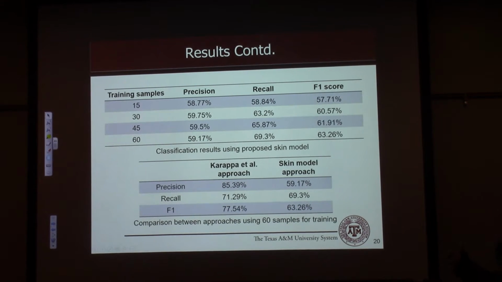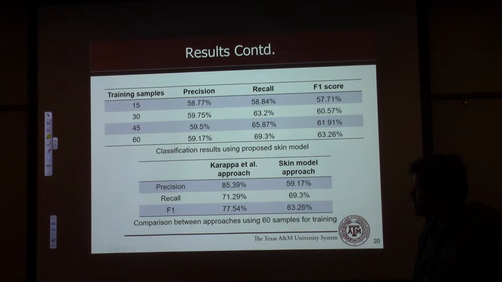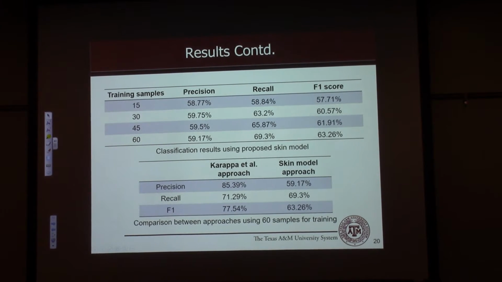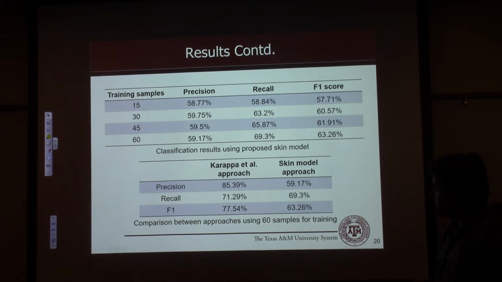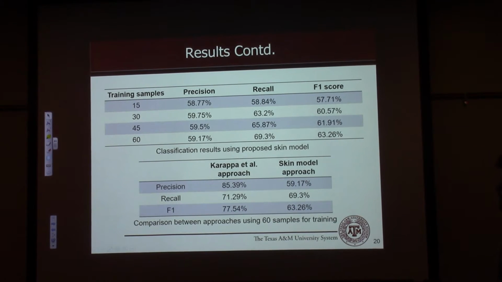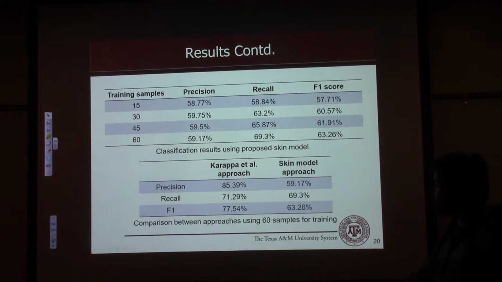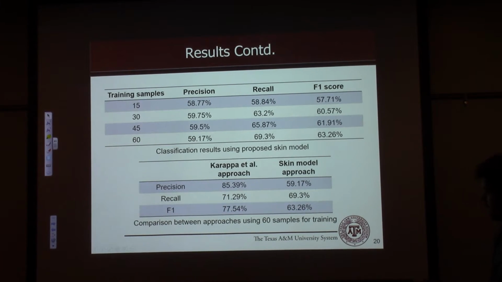So considering the 60 samples training set, when you compare to the original approach, using the background-foreground segmentation based on Gaussian mixture models, we see that the F1 score is much lower on our approach. But we can see that the recall is fairly competitive; this approach really suffers on the precision.